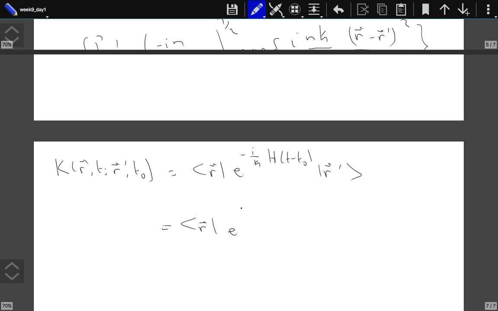This is r e to the power minus i over h bar H of t minus t1, e to the power minus i over h bar H of t1 minus t0, r prime. I just divided my exponential into two.